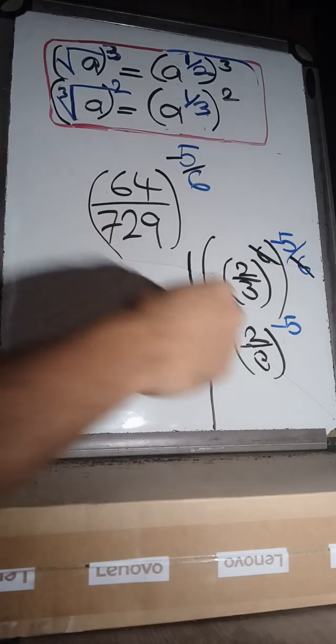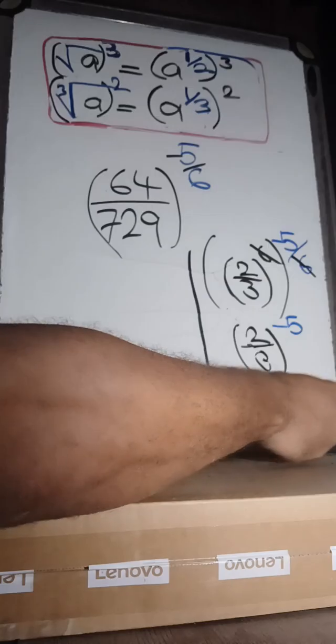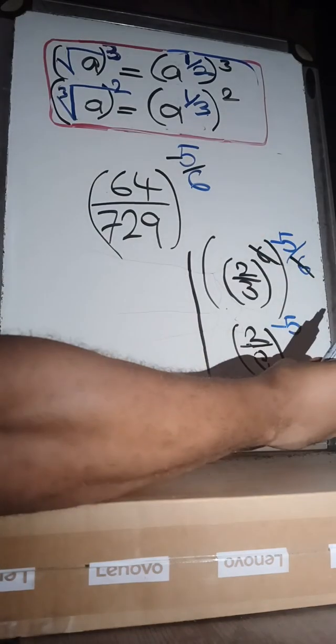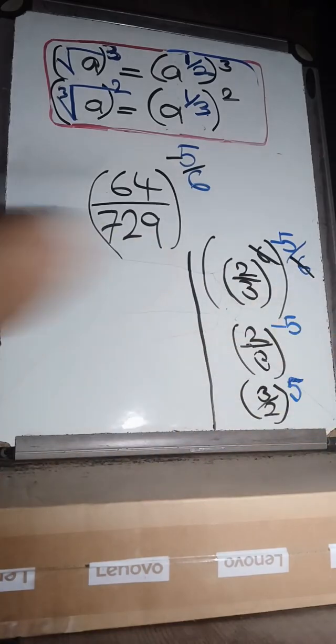So fine, what I have is 3 over 2 raised to the positive 5. That's going to look like 243 over 32.